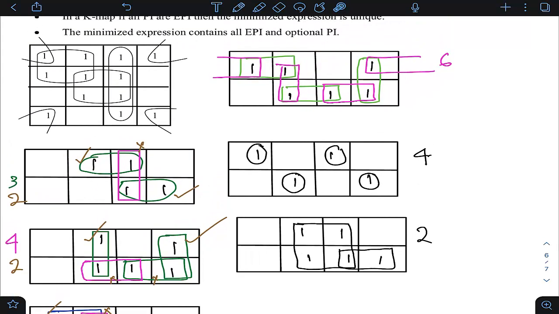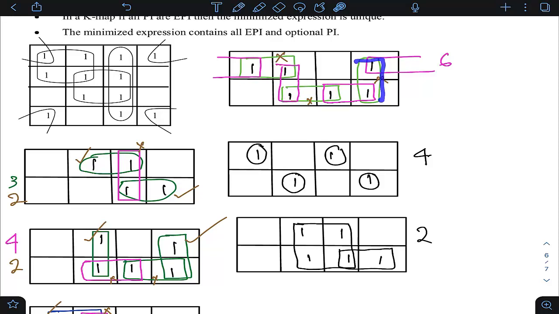What about here? So here you see, students, any group you take, it is not meeting the criteria of EPI. So this one, it's containing 2 min terms and both min terms are covered by multiple groups. So this is not an EPI. And if I am observing this green line, both of these min terms are covered by multiple groups. So this is also not EPI. And even the same is the story with this one also.